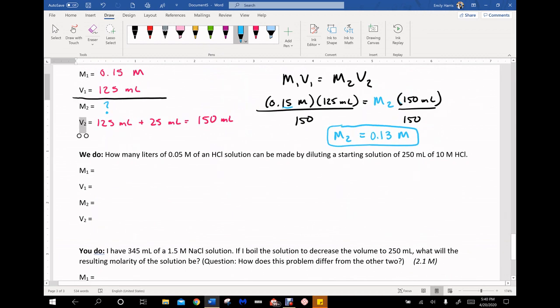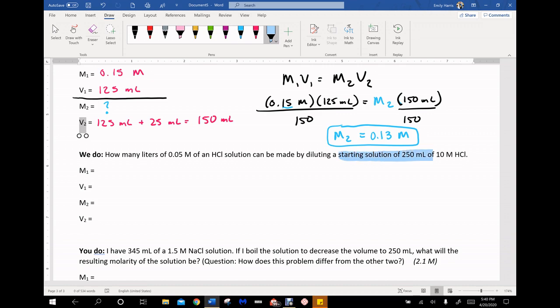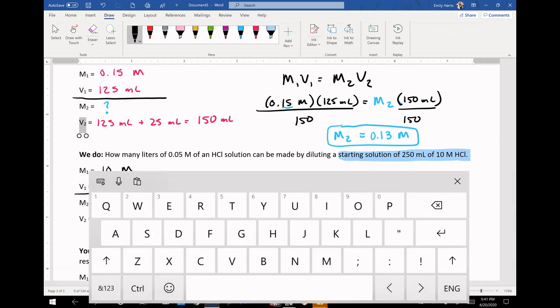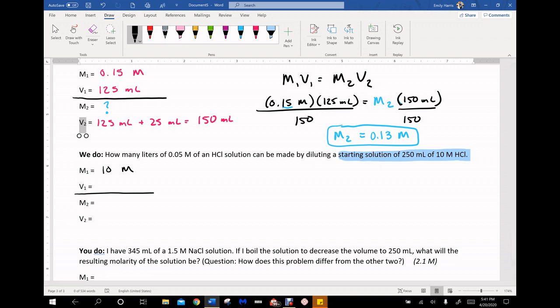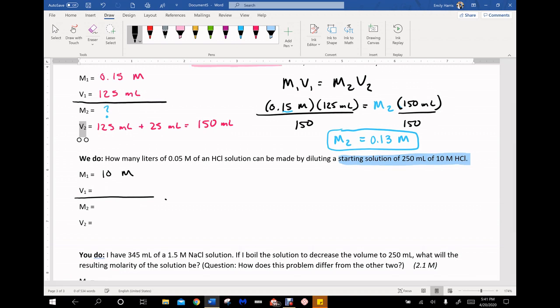This one says how many liters of a 0.05 molar HCl solution can be made by diluting a starting solution of 250 mLs of 10 molar HCl. I just picked up there on a key phrase that said starting solution. So our M1 and V1 are going to be 10 molar for our starting molarity and 250 milliliters for our starting volume.